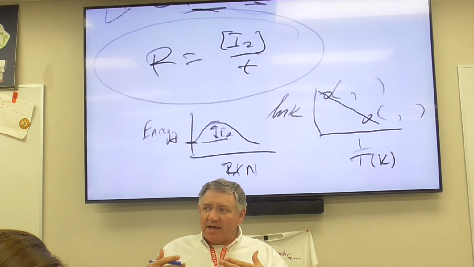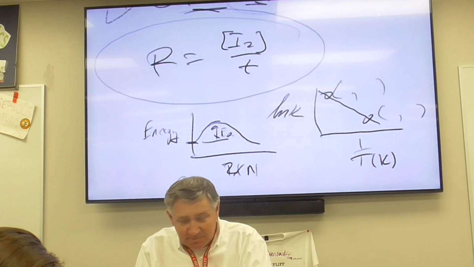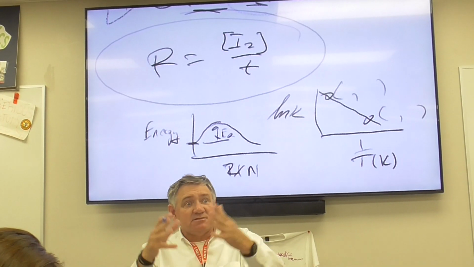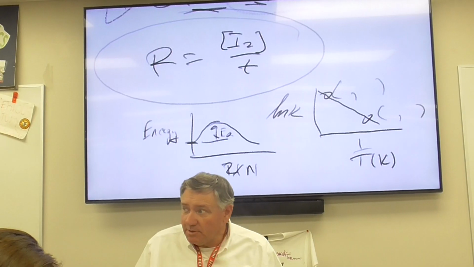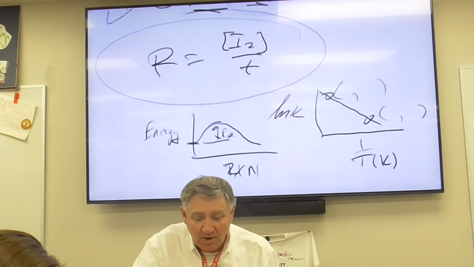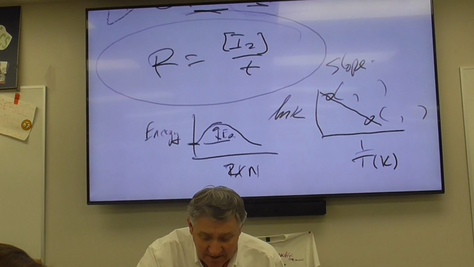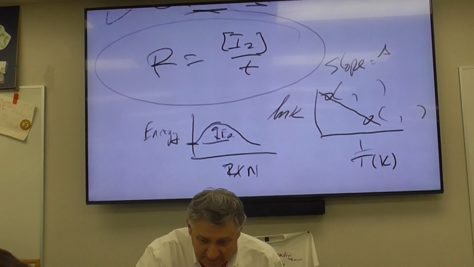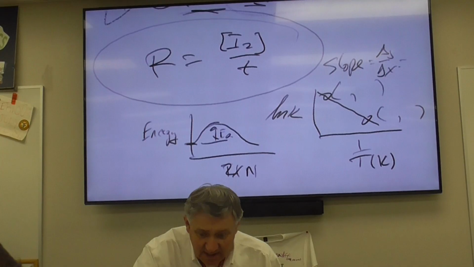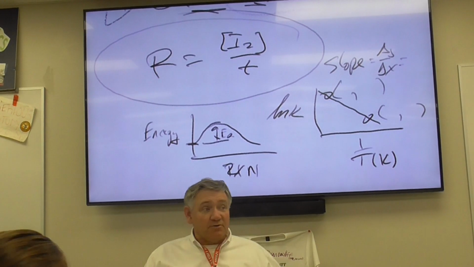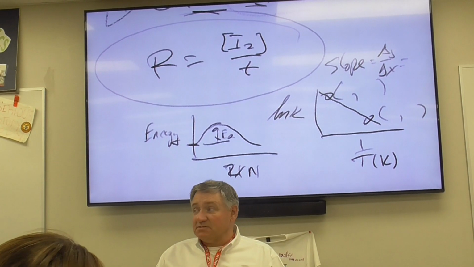The only thing I can evaluate you on, and this is the purpose of any lab, is the work. Do you show me what you did? So I want to see that, and then I want to see the calculation of the slope, change in y over change in x. This graph obviously does not go through 0, 0 for any number of reasons.